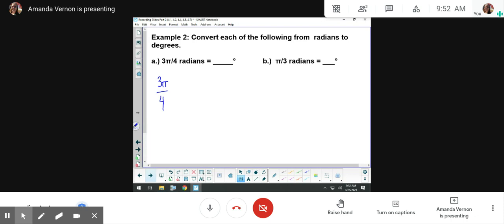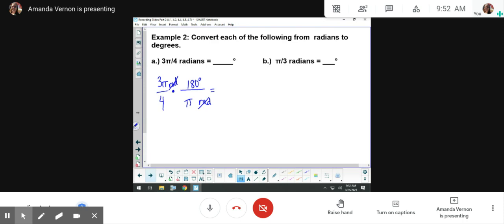And then we're going to multiply it by its conversion. Well, we want the radians to be on the bottom. Remember that right now the radian measurement of 3 pi over 4 would be on the top. And pi radians is equal to 180 degrees. So the radians would divide out, again, using that idea of unit conversion.